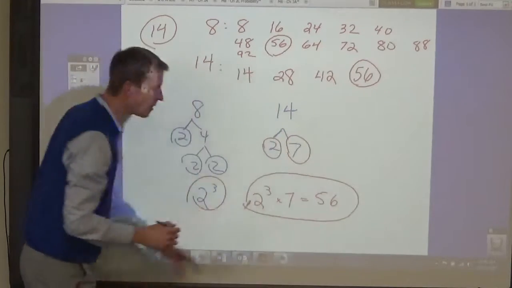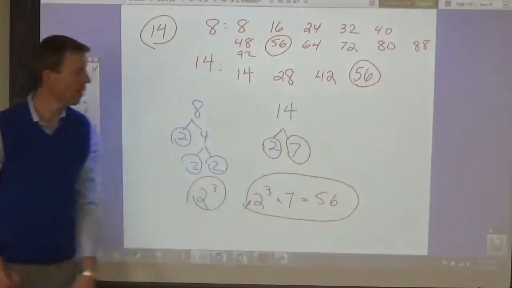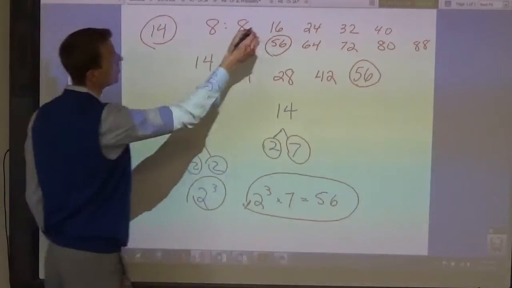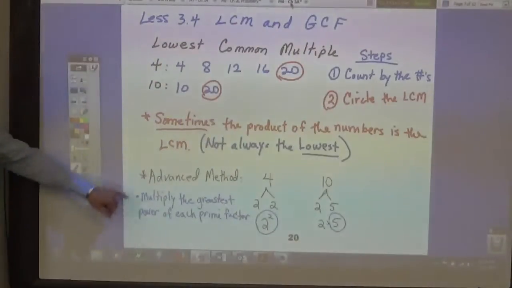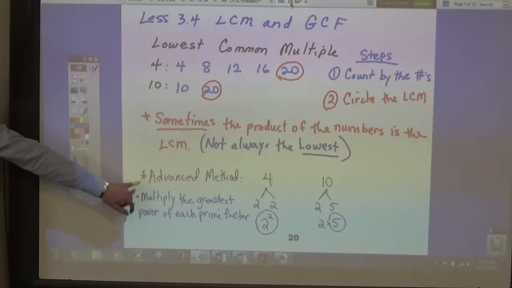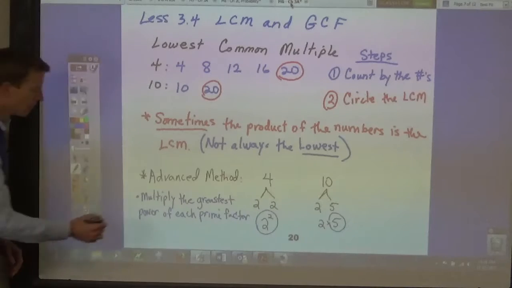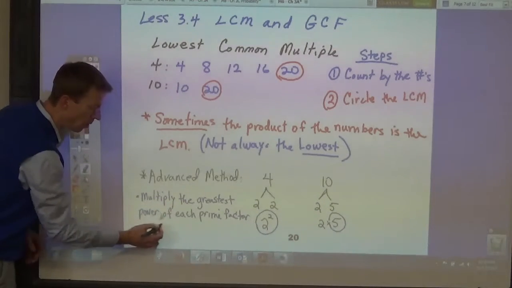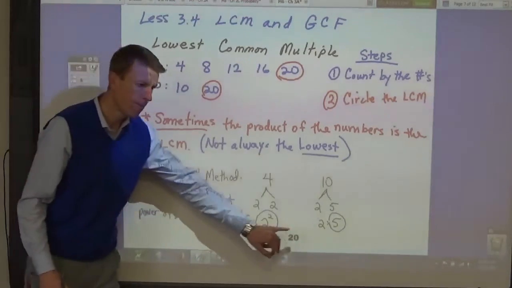So we can use this method to find the same number that we found up here. Okay? So you can write down that as this method, the advanced method. And what you do is multiply the greatest power of each factor.